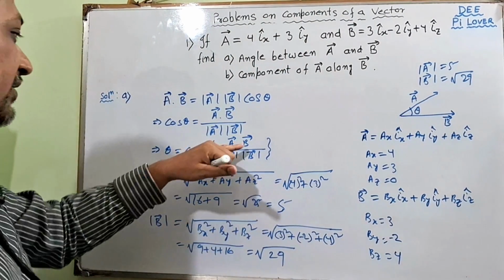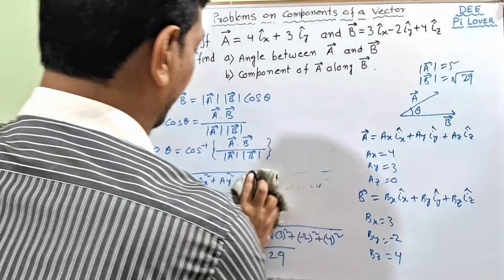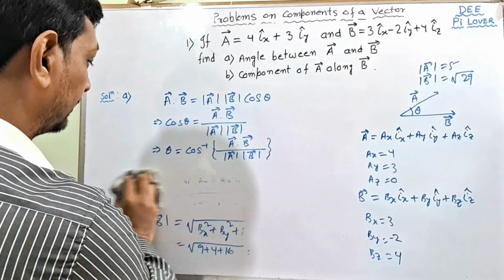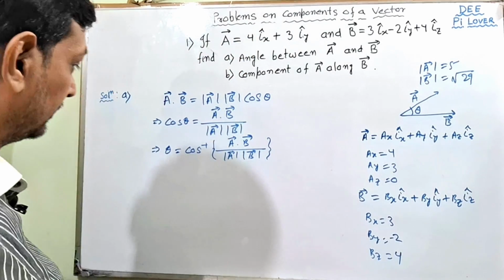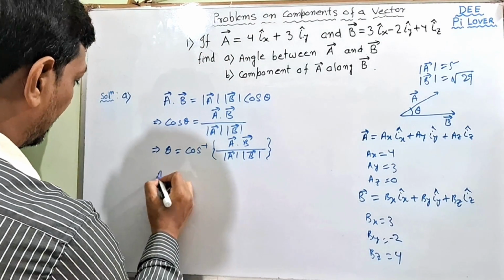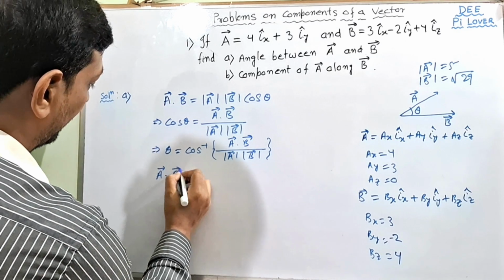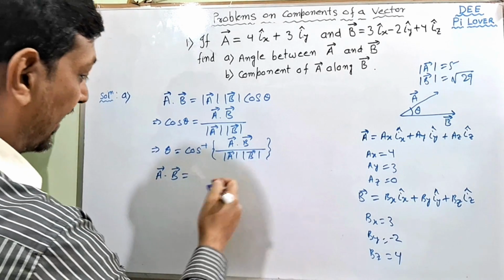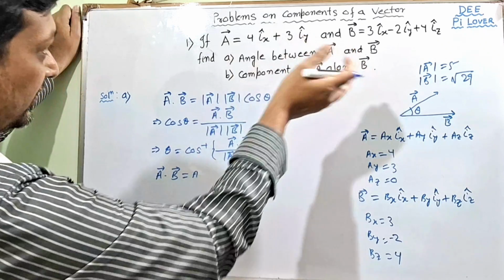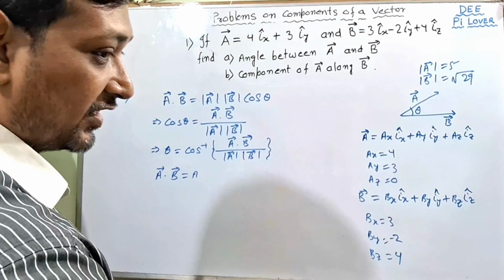Now we have to calculate the dot product between A and B vectors. A dot B, we can write it in another form where the components of A vector and B vector are given.